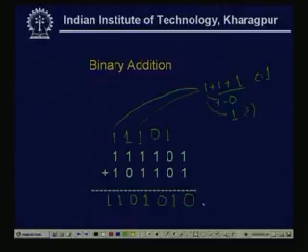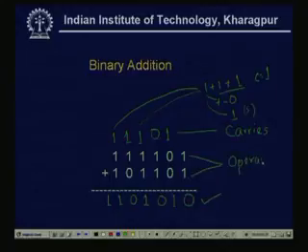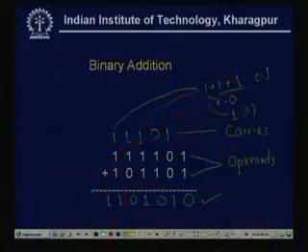So this is my binary addition and these are the carries. These are my carries and these two are the operands. Now, if I know binary addition, then obviously the same rule I can apply to binary subtraction. We see the binary subtraction.